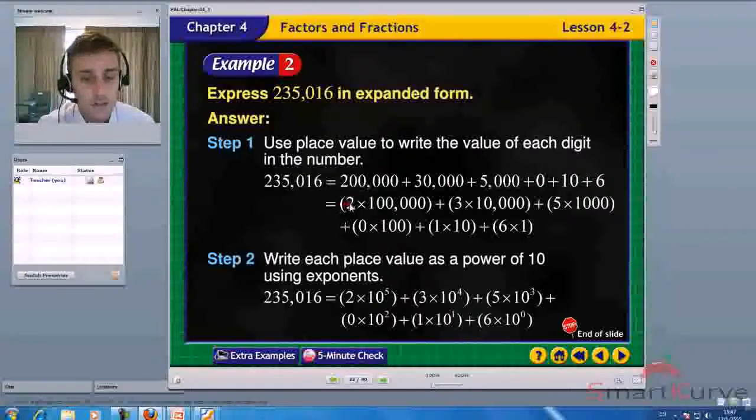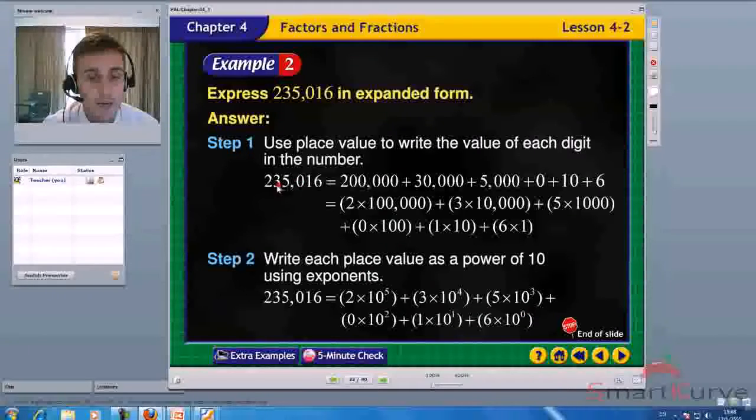So we have 2 times 100,000, 3 times 10,000, 5 times 1,000, 0 times 100, 1 times 10, 6 times 1. Now write each place value as a power of 10. So we have 2 times 10 to the 5, 3 times 10 to the 4, 5 times 10 to the 3, 0 times 10 to the 2, 1 times 10 to the 1, 6 times 10 to the 0.